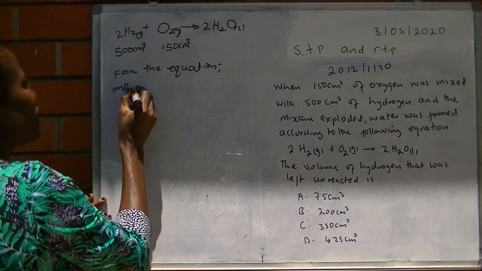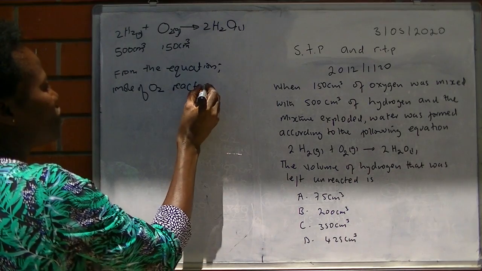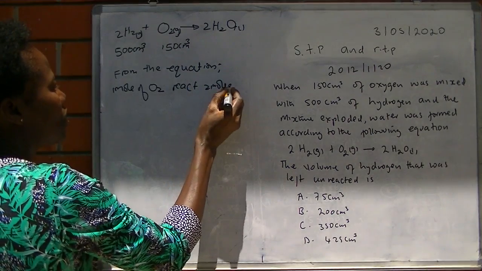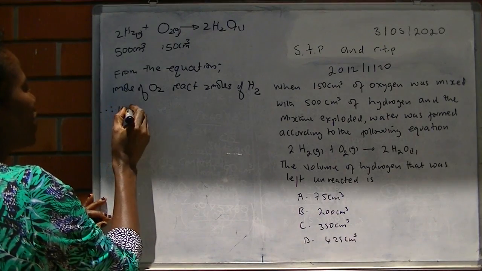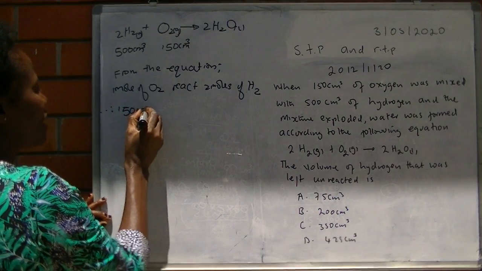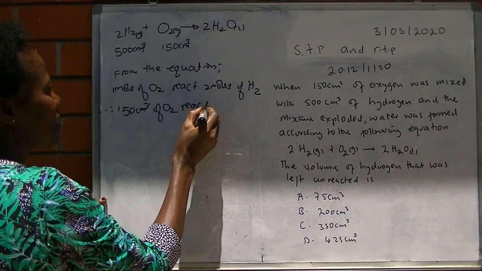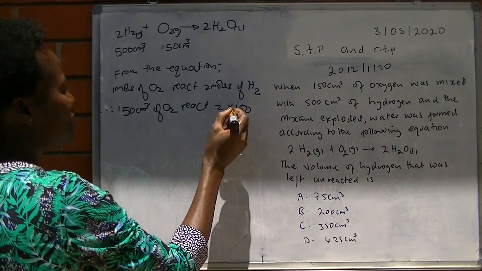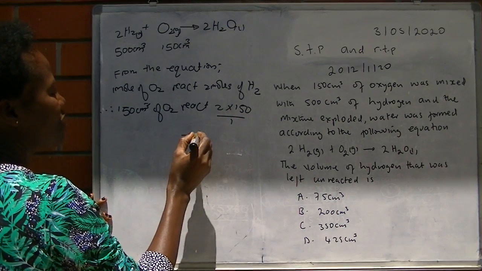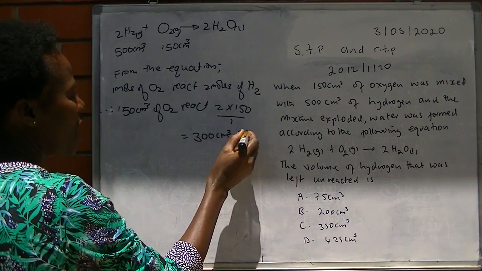One mole of oxygen reacts with 2 moles of hydrogen. What about 150 cubic centimeters of oxygen? It will react with, we cross multiply, 2 times 150 over 1, which is equal to 300 cubic centimeters of hydrogen.